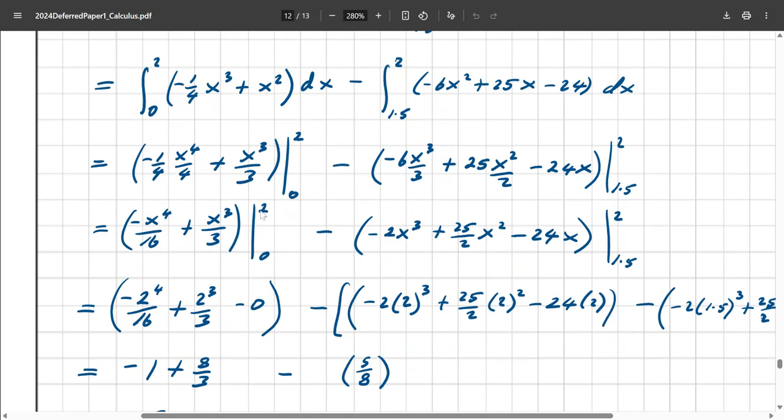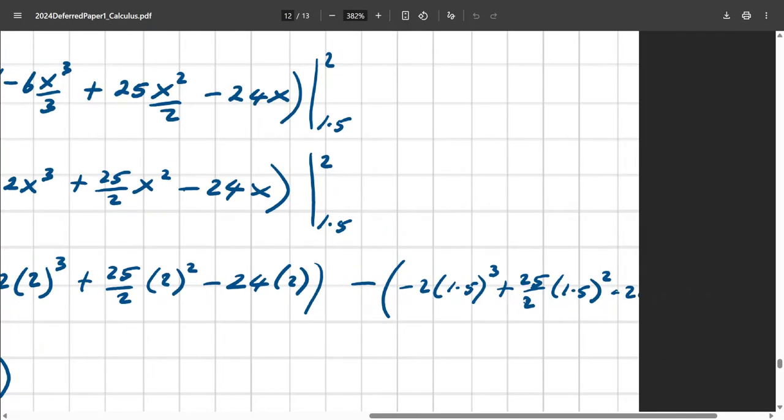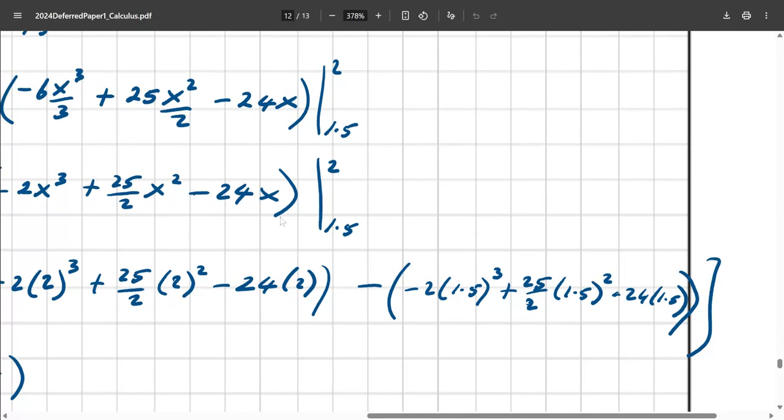You put in the top limit, it's always top minus bottom, so put in the 2 for x there and there, here they are, minus, put in the 0 for x, so that's just 0 in both cases. The same over here, it's always top limit minus bottom limit, so put in the 2 for x everywhere, x has become 2 in all those there, and put in the 1.5 for x, and subtract your answers, top minus bottom always.